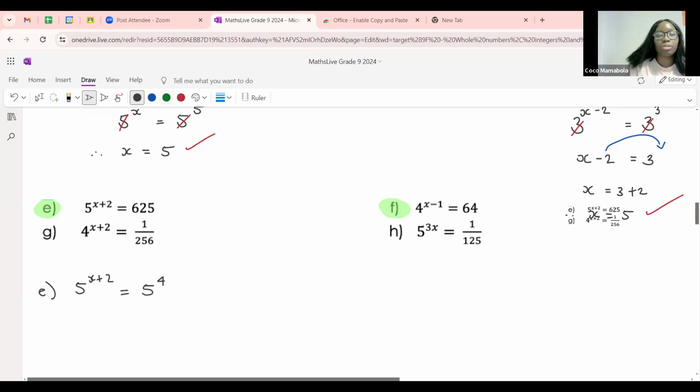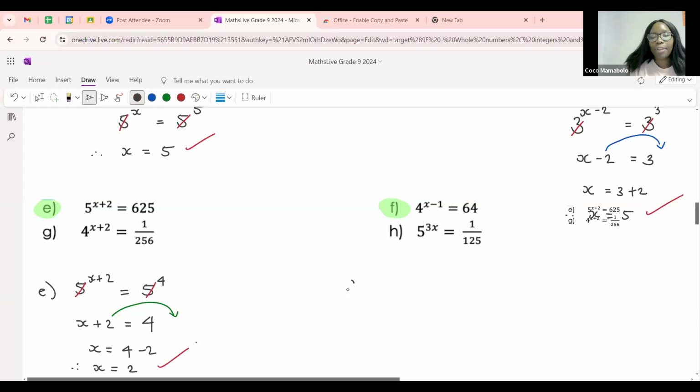And then I know that I have the same base, so I can cancel them. I should get x plus 2 is equal to 4. Now I just need to solve for x. I'm going to take plus 2 over to the other side and it becomes minus 2. So x is equal to 4 minus 2. Therefore, x is equal to 2. All right, there's another mark for you.